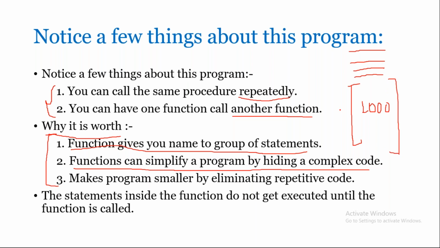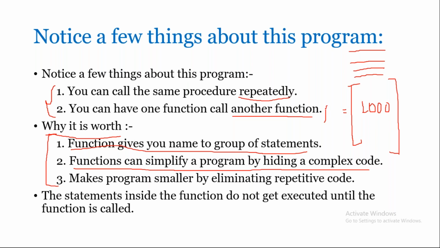But what happens is that you are going to do the same thing again and again in your programming. Because you are going to use the same logic and repeat your procedure again and again inside your program, it's logical that you give it a name.